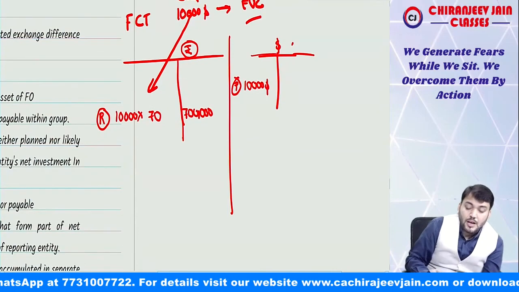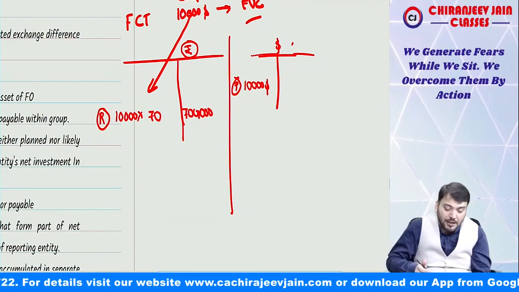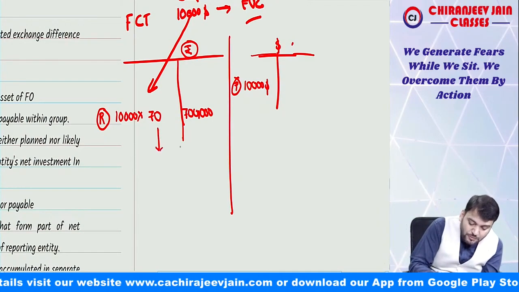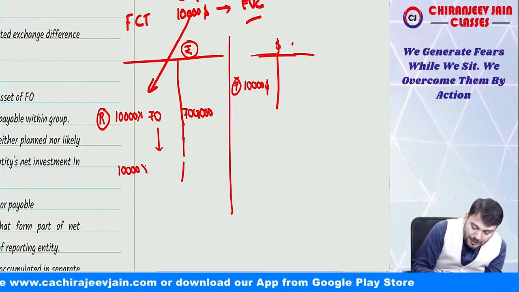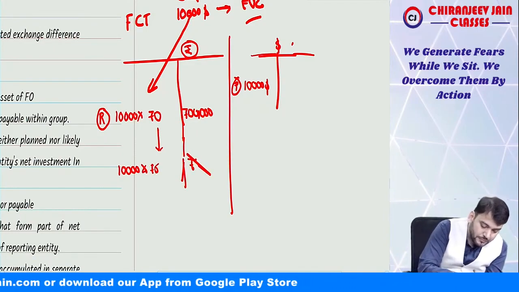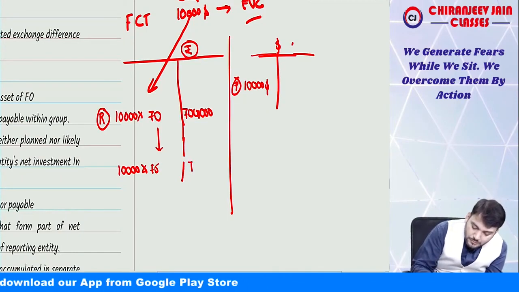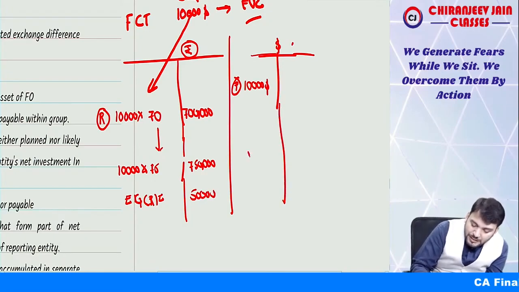Correct. Now for consolidation purposes, suppose consolidation is done on 31st March. First they will translate by using the closing rate. Suppose the closing rate becomes 75. So this will come at 7,50,000, and there will be one exchange gain which will be transferred to retained earnings, that is 50,000. But can I say this will come in $10,000 only?